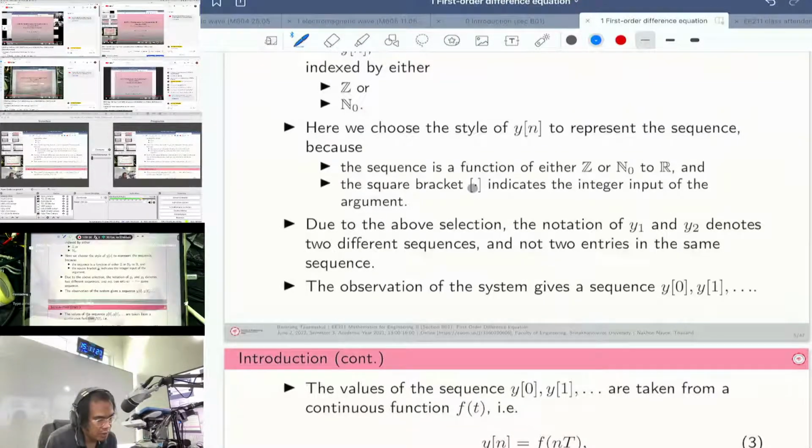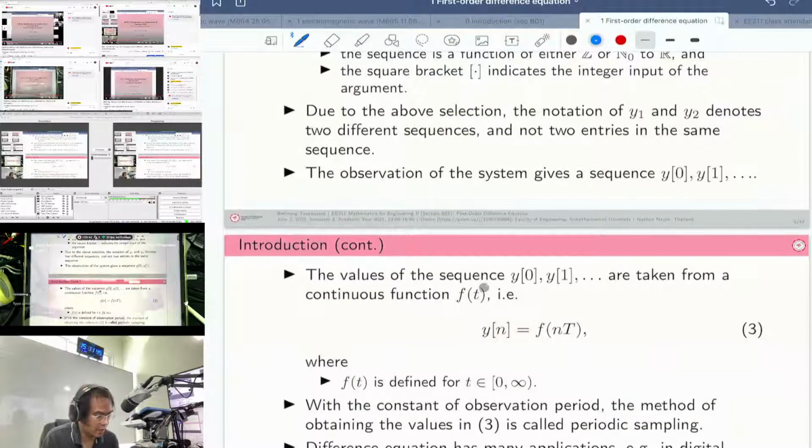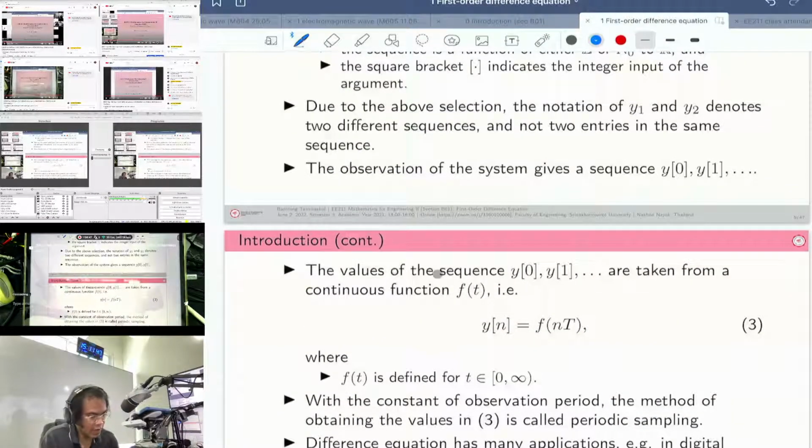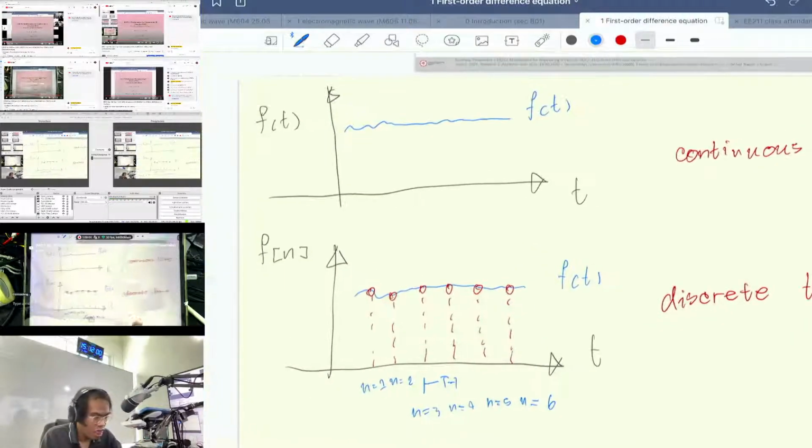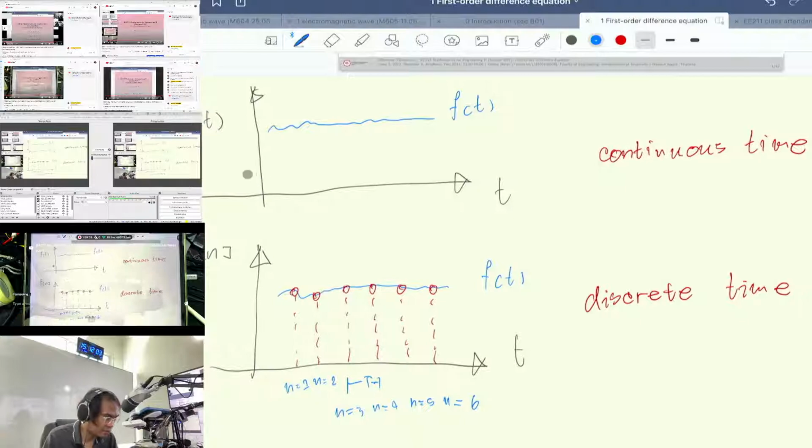If you want anything, just leave it in the square bracket. I try to differentiate them from other stuff, otherwise we're going to get confused easily. Okay, let's move further down. The values of the sequence y_0, y_n, and so on are taken from the continuous time like this. Yeah, that's the meaning of this figure.